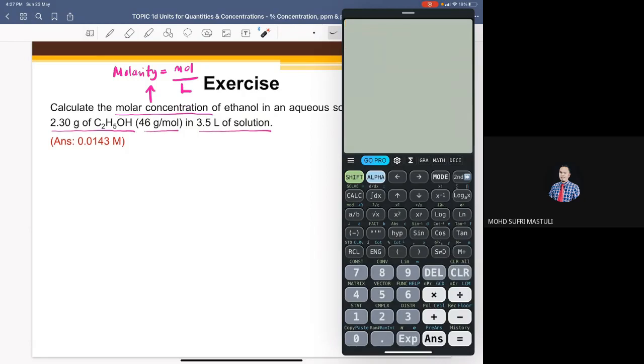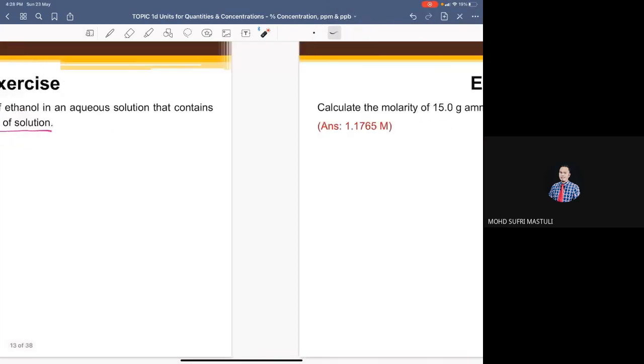Okay, so mole is 2.3 divided by 46, and then the answer divided by 3.5, and then you can get 0.043 molarity.